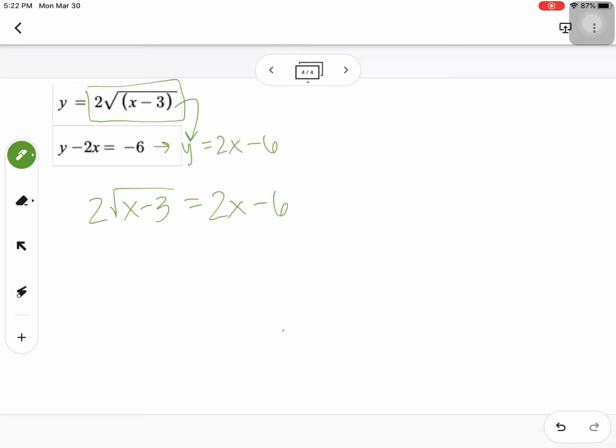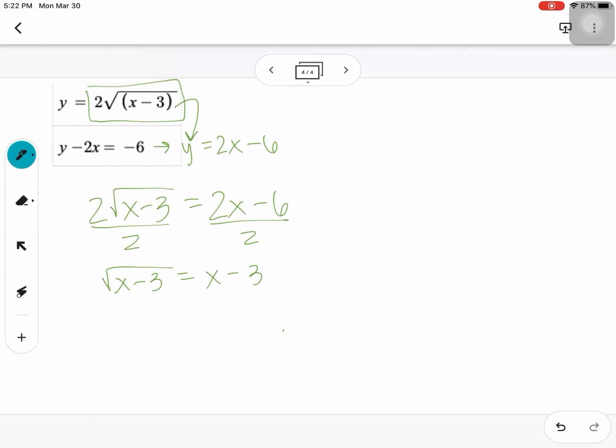When you're solving your radical equations, what is helpful is to isolate your radicand first. So I want to get this by itself. We can move this 2 fairly easily in this case by dividing everything by 2. If it doesn't easily move, you technically don't have to if it's multiplied, as long as you square it correctly, which is the important thing to remember. But this moves easily, and so we can.